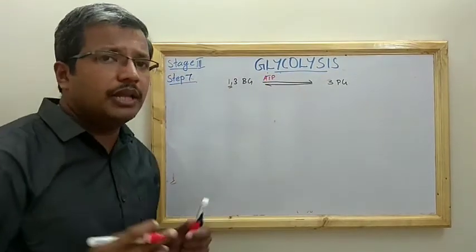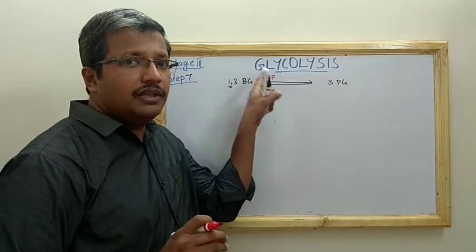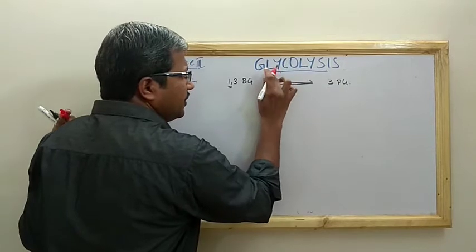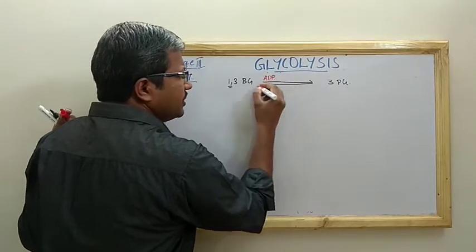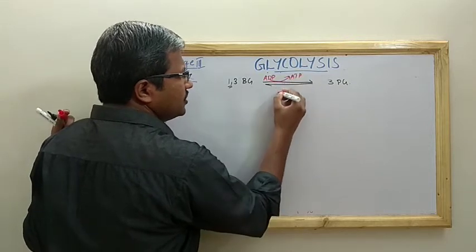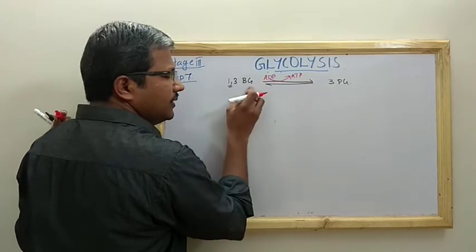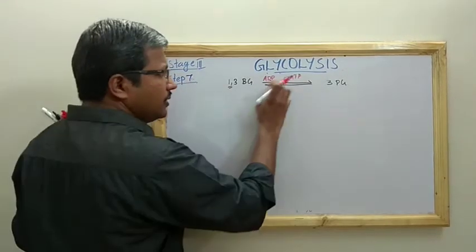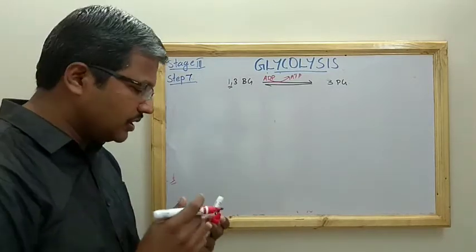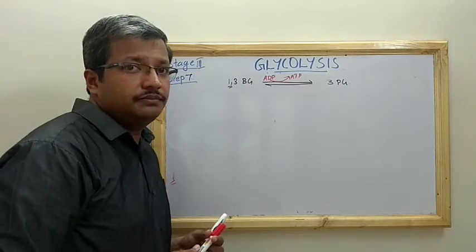So when you have a double arrow mark, make sure that you write in the correct direction, because we can see that in this direction ADP will be accepting the phosphate, forming ATP. If you draw the ATP in the other direction, that is wrong. Ensure that you mark all the changes in the appropriate place. So don't interchange it.